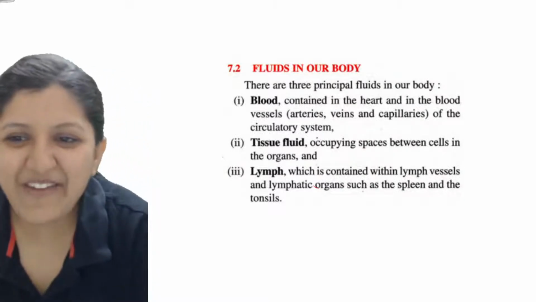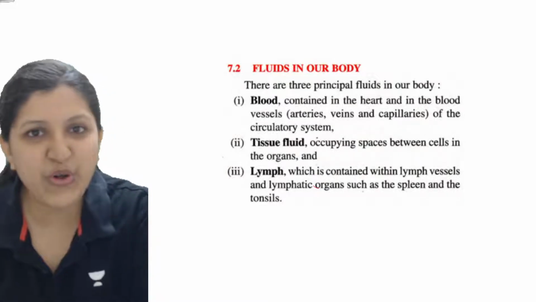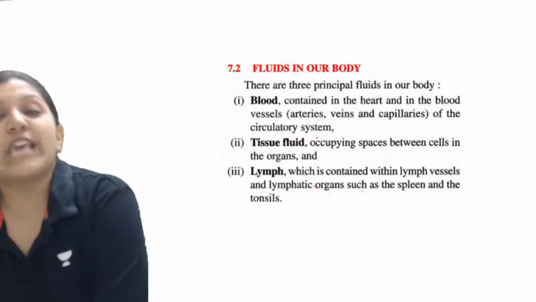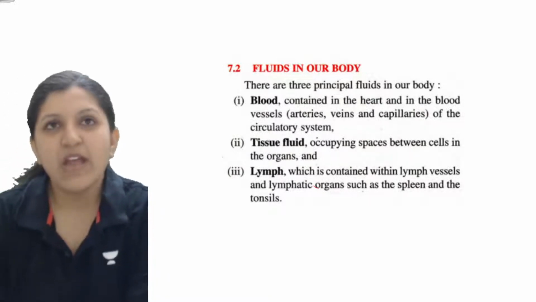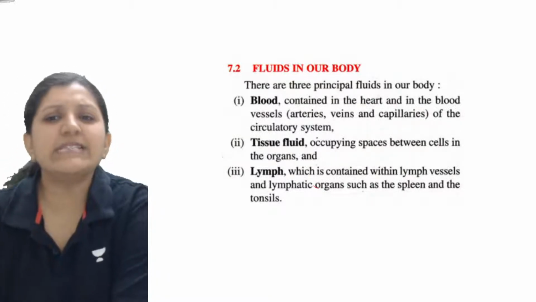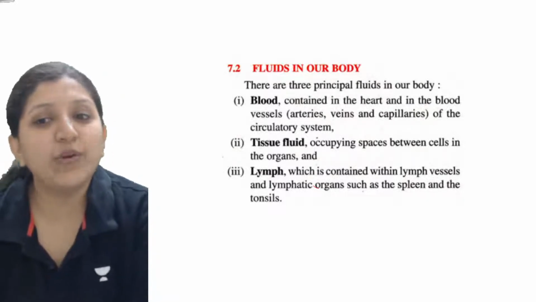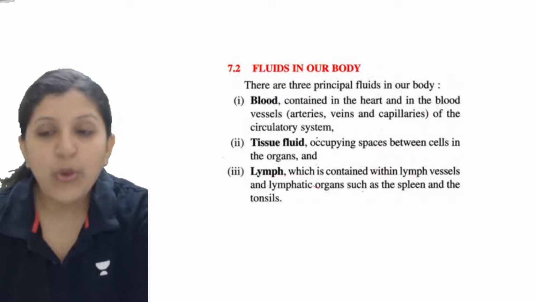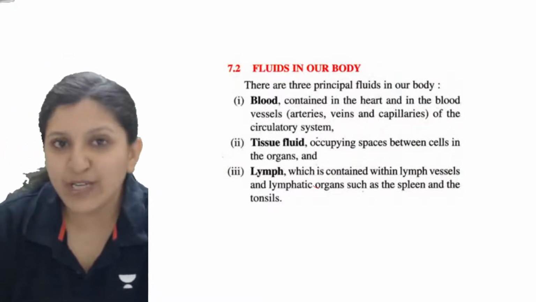Now you know how tissue fluid formation occurs. I'll draw the diagram and explain it. Tissue fluid and lymph are anyway the same thing, without much difference. The only thing is that the lymphatic vessel contains lymph, whereas the composition is going to be the same as tissue fluid.